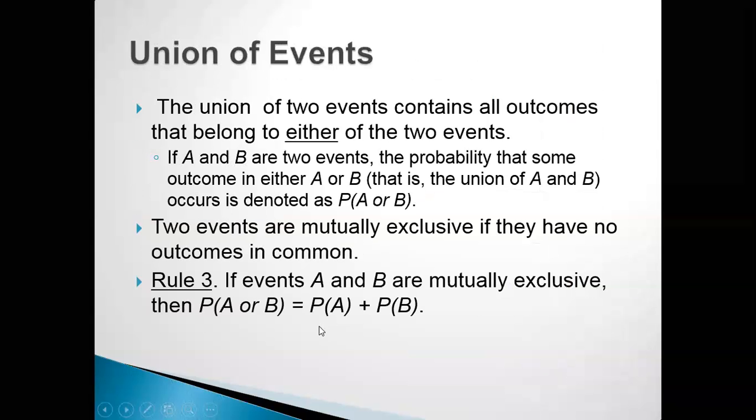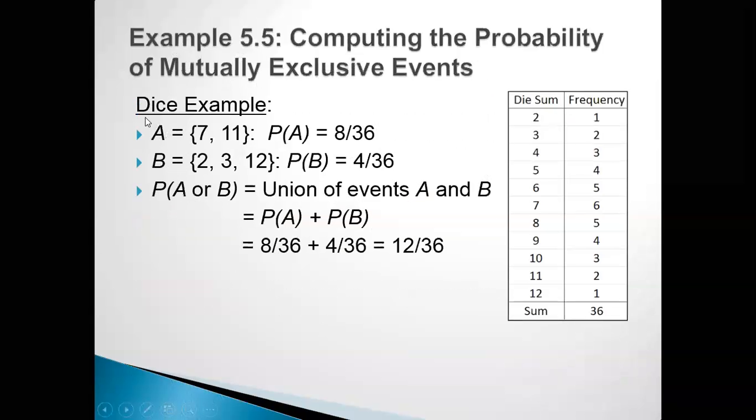So for example, event A is 7 or 11. The probability of getting 7 or 11 is 8 by 36. Then event B is 2, 3 and 12. Now see here, in both these events, nothing is common. Here 7, 11, here 2, 3, 12.